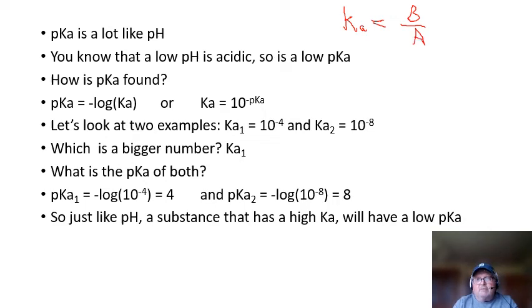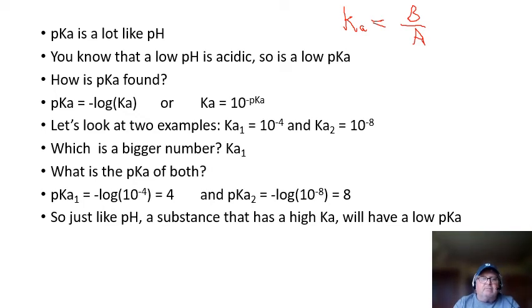I know you have over here actually another term, but basically this is it. So if you have high acid, you will have a low Ka.